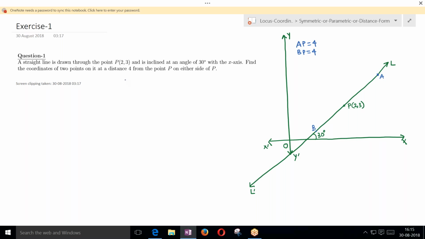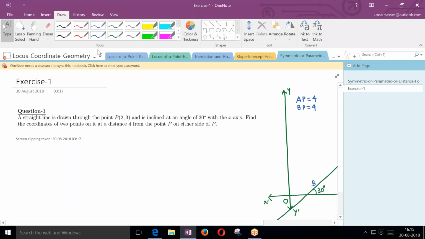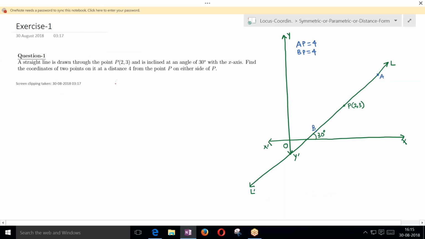Here x1, y1 is given as (2, 3). So what is the symmetric form equation? The symmetric form equation is (x minus x1) by cos theta is equal to (y minus y1) by sin theta, and this is equal to r.